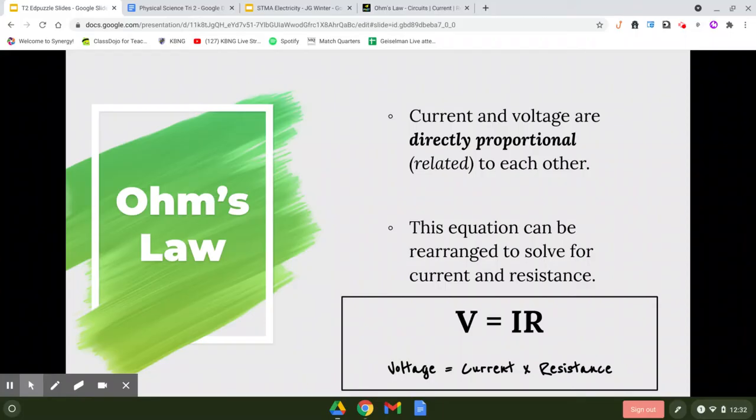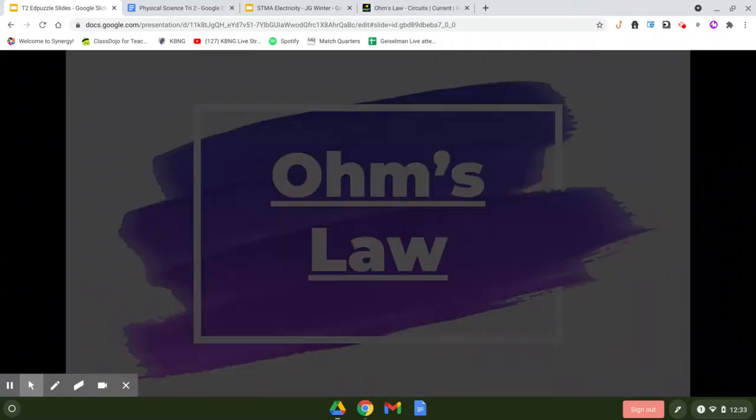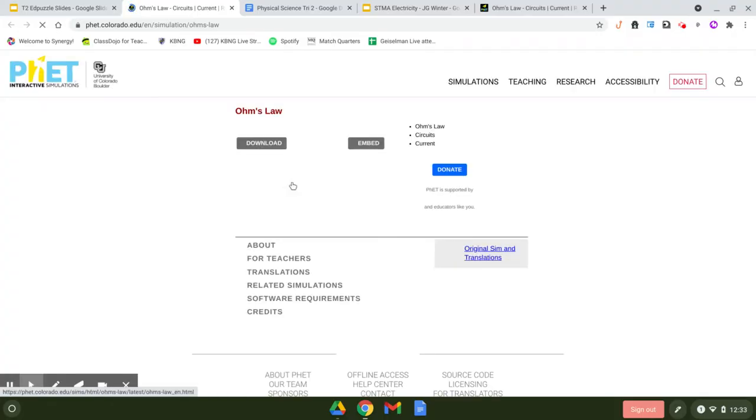If we needed to, we could solve for current or resistance by dividing one of those variables and rearranging the equation to solve for those specific variables. But V equals IR is the big thing that we need to take out of this: voltage is equal to current times resistance.